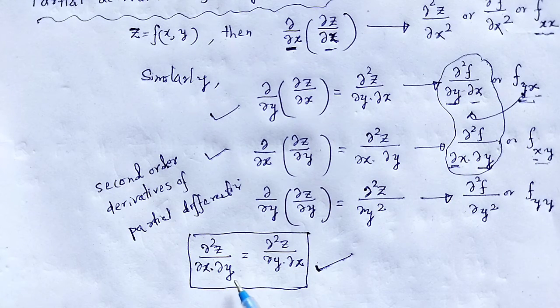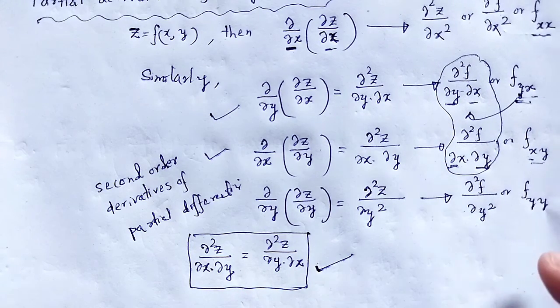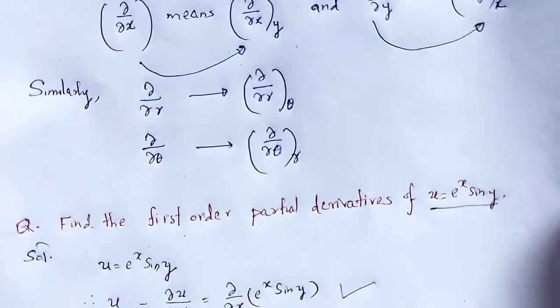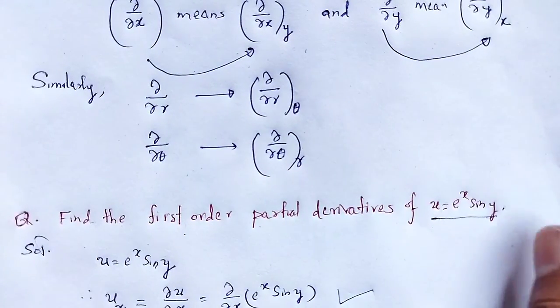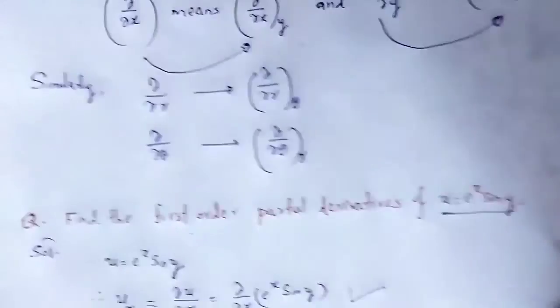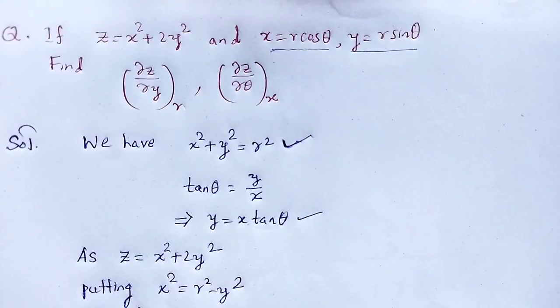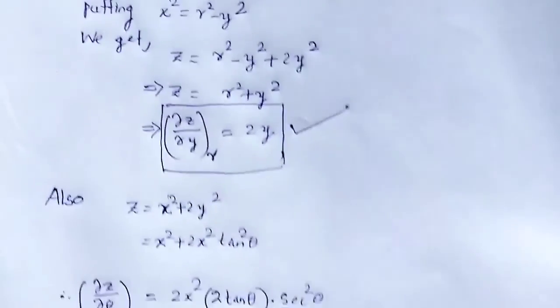When we interchange these two, then the value is equal. And again variable to be treated as constant, and two examples based upon partial derivatives, and again one example that relates to variable to be treated as constant in terms of partial derivatives.